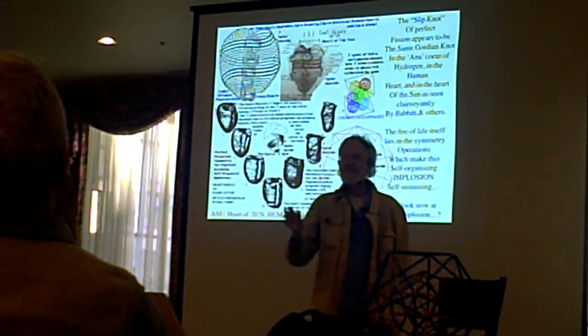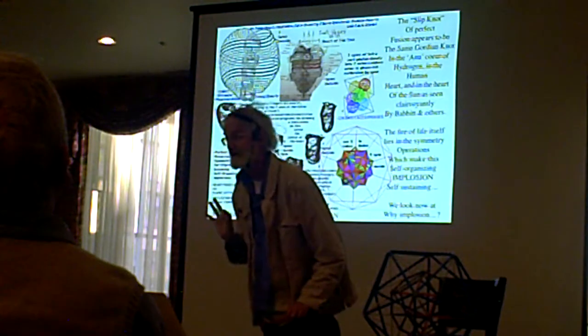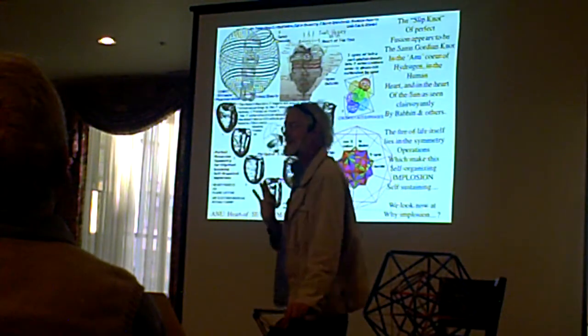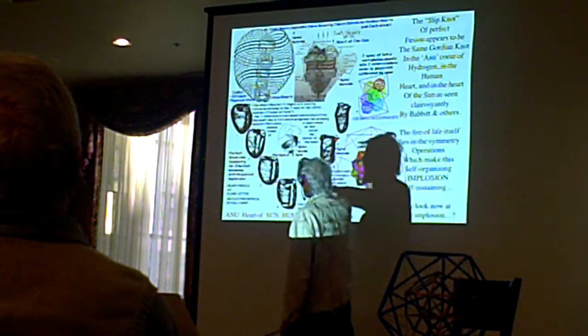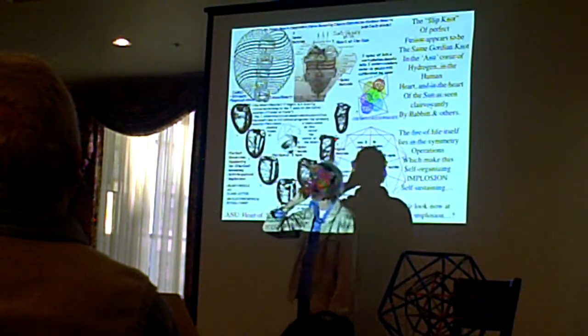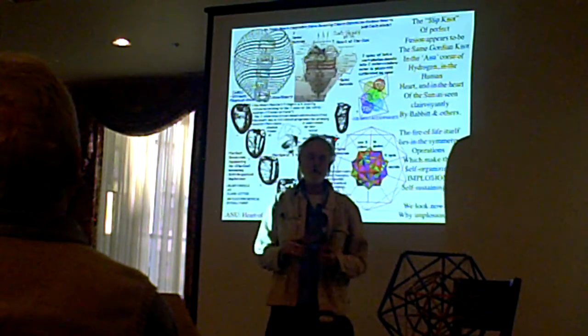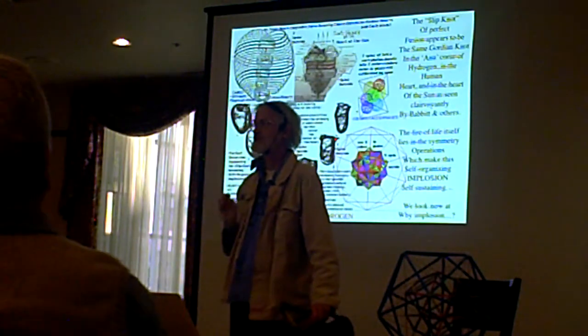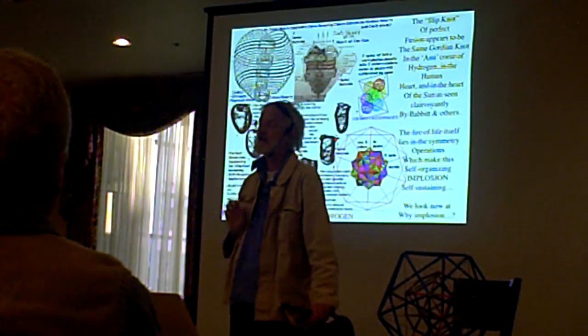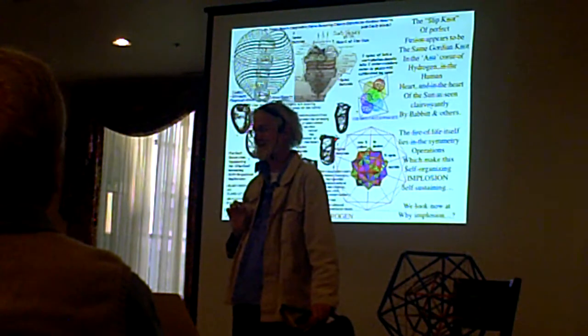And that's why we see that Gordian knot, Anu, identically at the center of hydrogen, at the center of human heart muscle, and as clairvoyantly seen at the heart of the sun, and as we'll later learn if we have time, that the hydrogen's braid symmetries, that DNA's braid symmetries are done exactly that way.